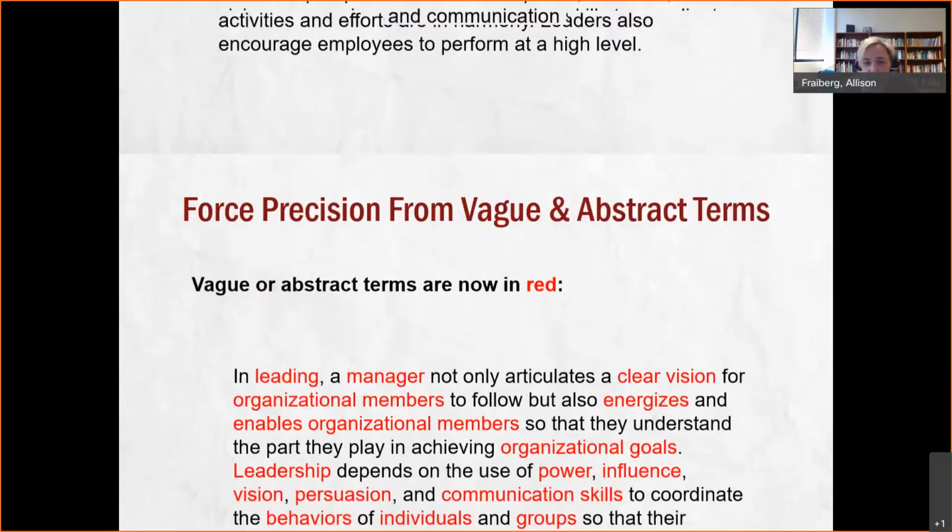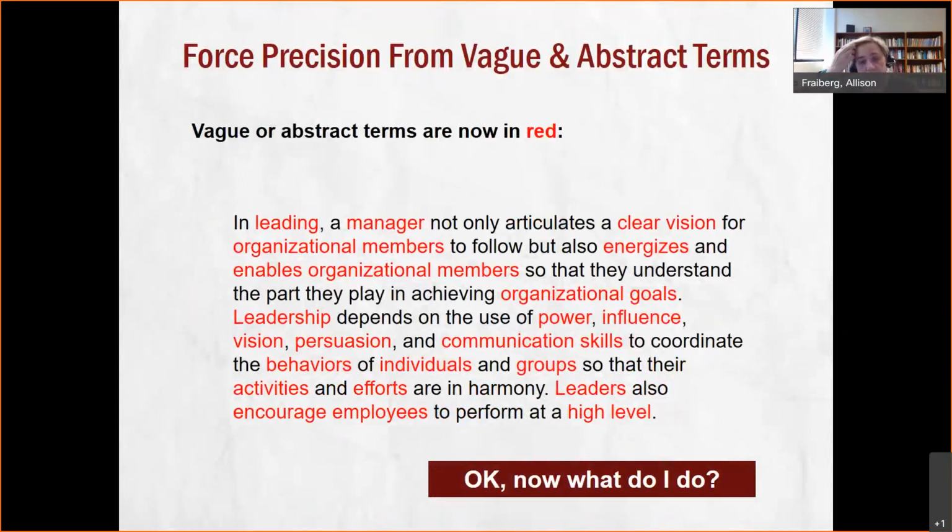Let's look. What I've done here is I've highlighted in red all the vague terms from the last paragraph. And you'll see there's a lot of them. And this is not effective communication, and it's certainly not effective analytical writing. There's just so much that isn't clarified.